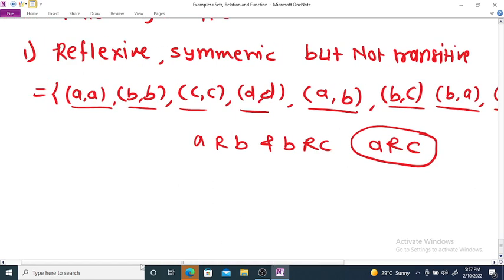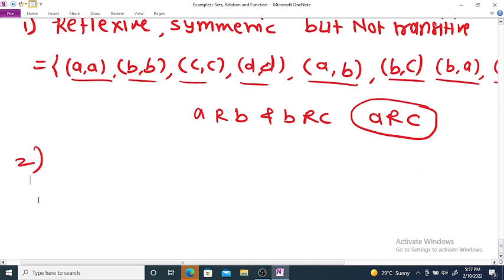Next, number 2, reflexive, transitive but not symmetric.